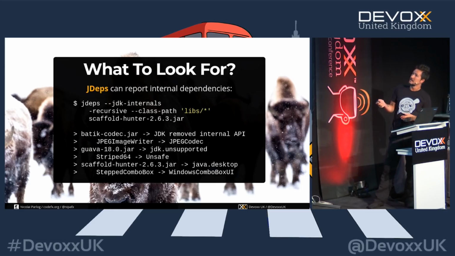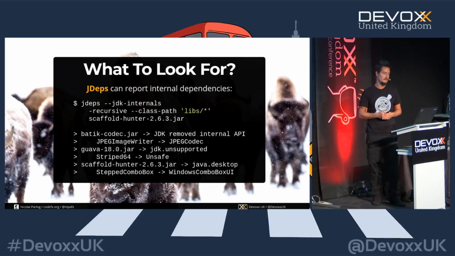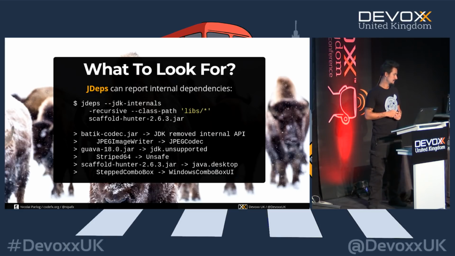So here apparently the Batik codec jar, which is a dependency of this Scaffold Hunter, uses the removed internal API JPEGImageWriter. And Guava 18 uses Unsafe, and the Scaffold Hunter itself uses the Windows combo box UI, apparently. So run this on your code, and you'll get your dependencies on internal APIs.